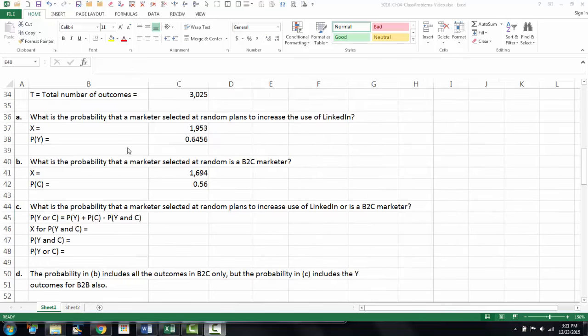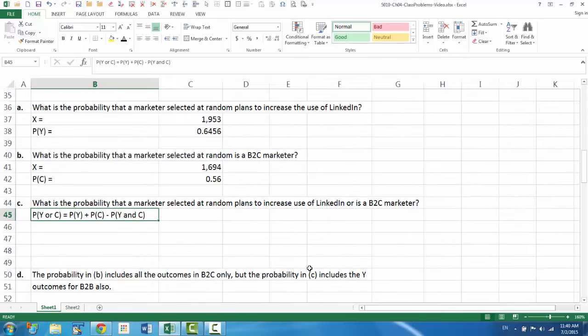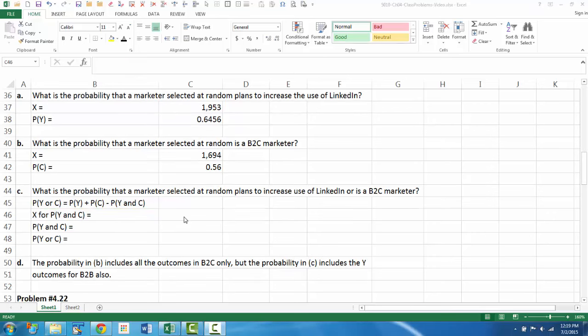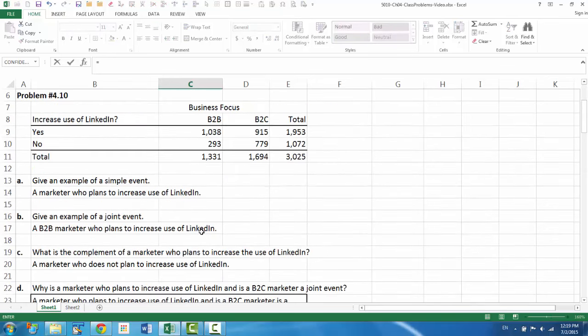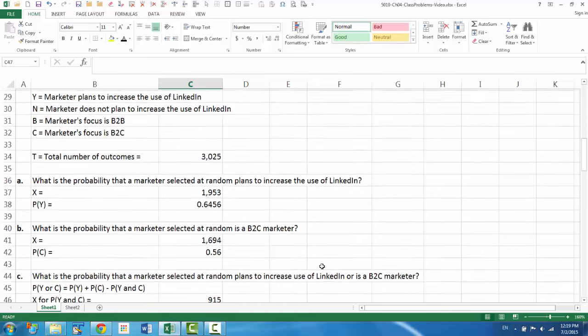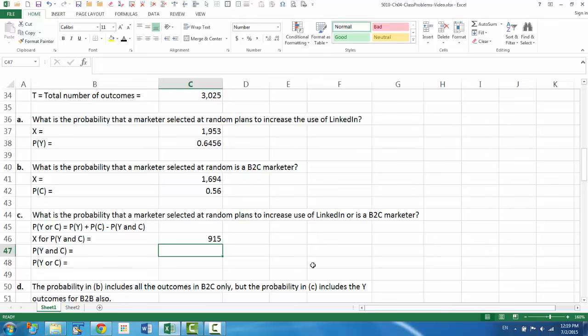We have probability of Y here and probability of C right here. What we want is the joint probability: the X for Y and C is the number of instances, and the probability of Y and C is X divided by the total number of outcomes.